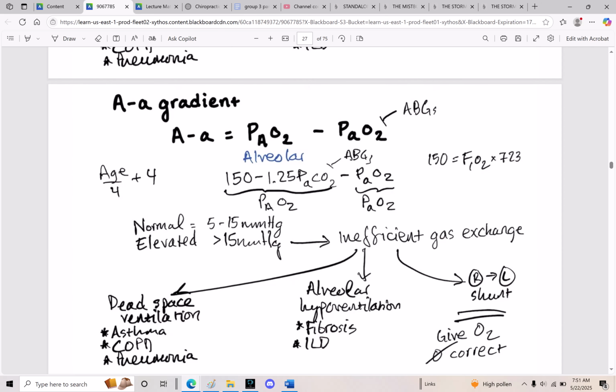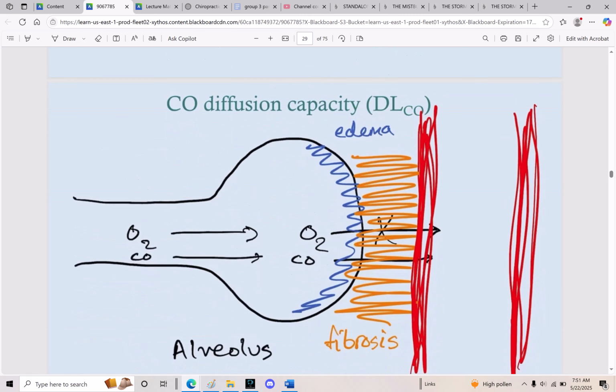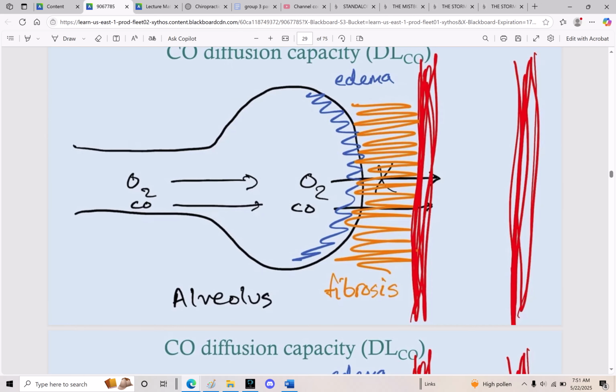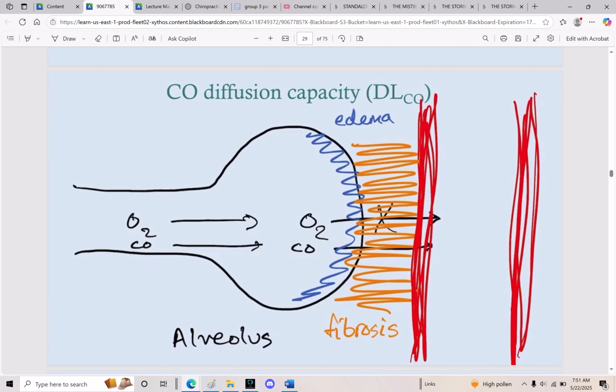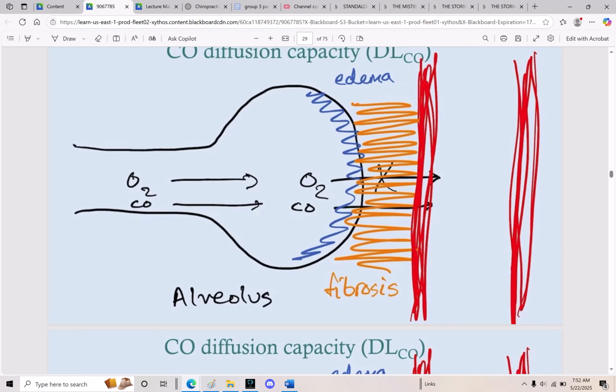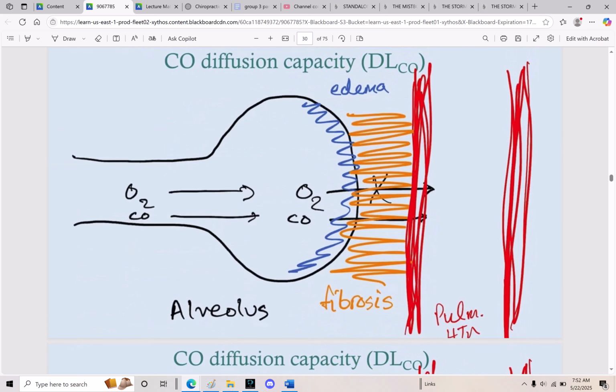All right? Now, this is the graph I did on the board, but I have it here for you again, drawn again. Basically, comparing what you have. If you have to have a match. Anytime you have a mismatch, that's not good, okay? So basically, either you have edema, or you have fibrosis, or you have hypertension, okay? These are the conditions, pulmonary hypertension, right?